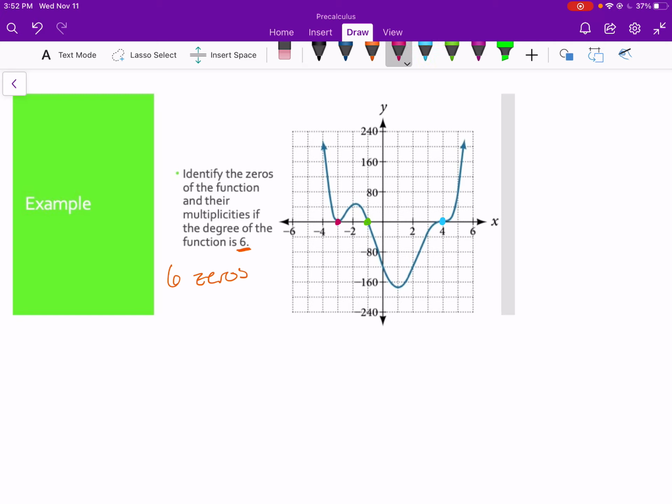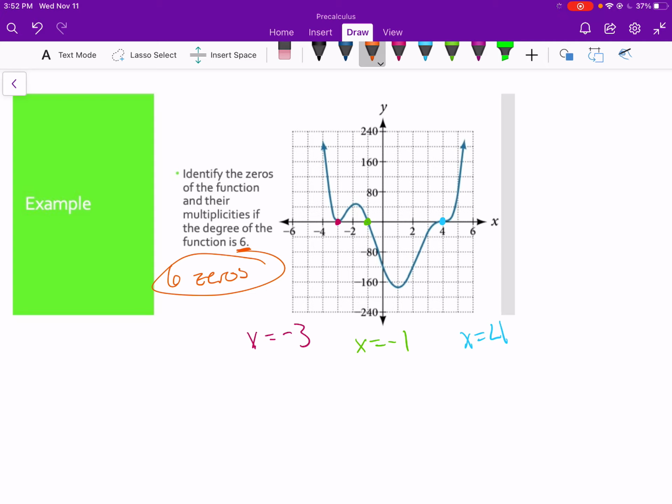Looking at the one on the left, our zero is at x equals -3. The second one is at x equals -1, and the third one is at x equals 4. So we only have 3 times that this function crosses the x-axis, but we know that there are 6 zeros. So we have to figure out the odd multiplicities and even multiplicities so that we get a total of 6.